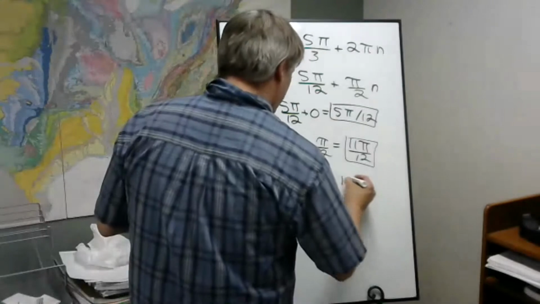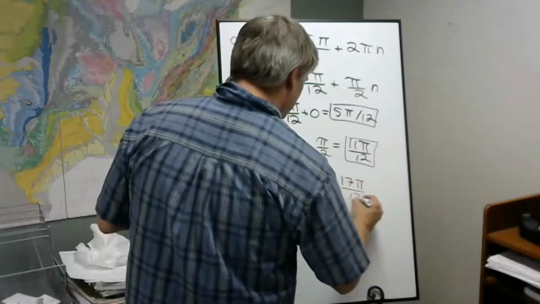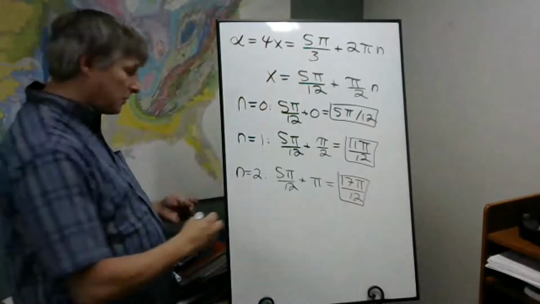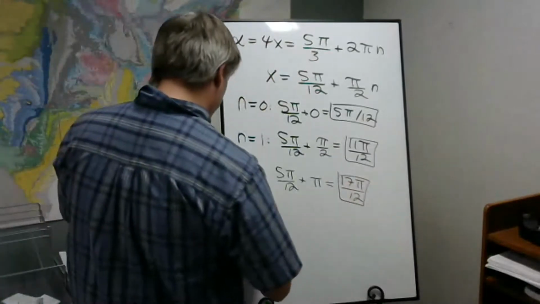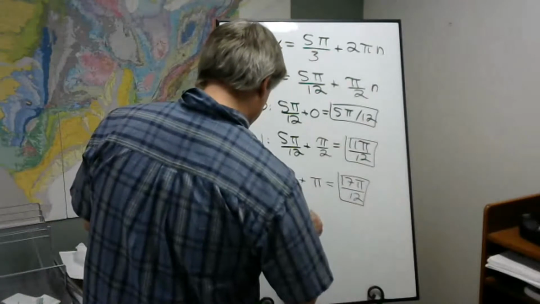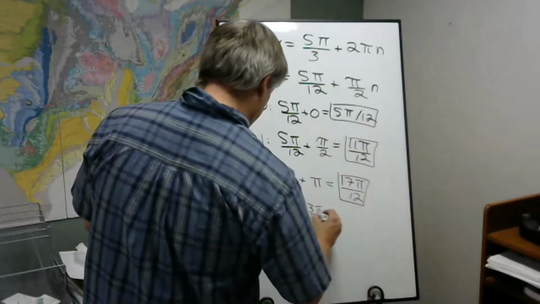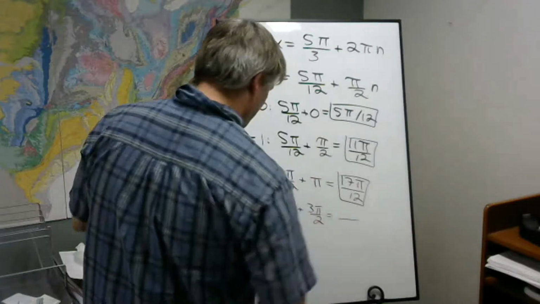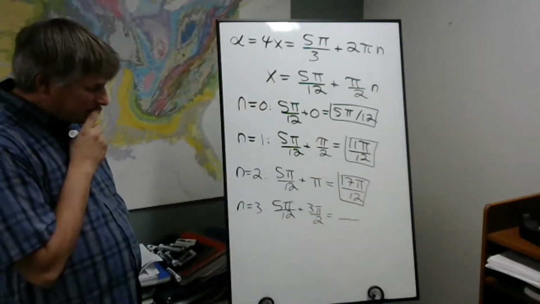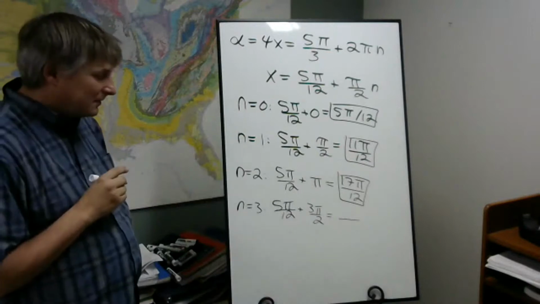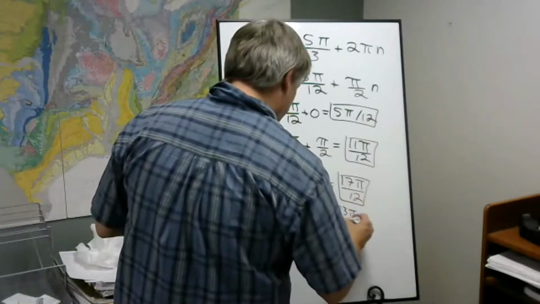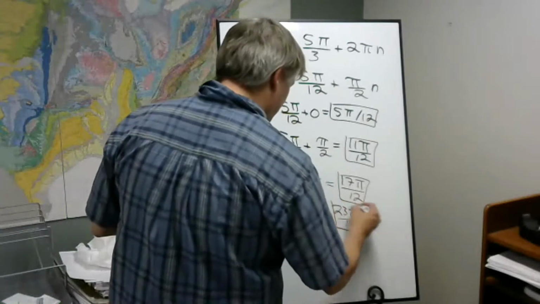So that'll become 17 pi over 12. Finally, for n is 3, well, maybe not finally. So multiply top and bottom by 4. No, I'm sorry, by 6. So 18, so you get 23 pi over 12.